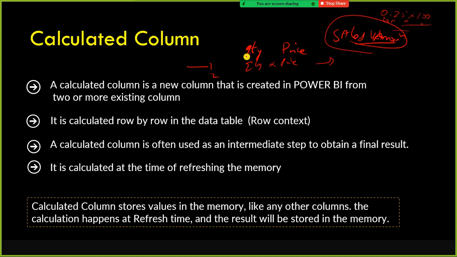Even discount is already in my table's columns, so we can say we derive a new column based on the existing column.